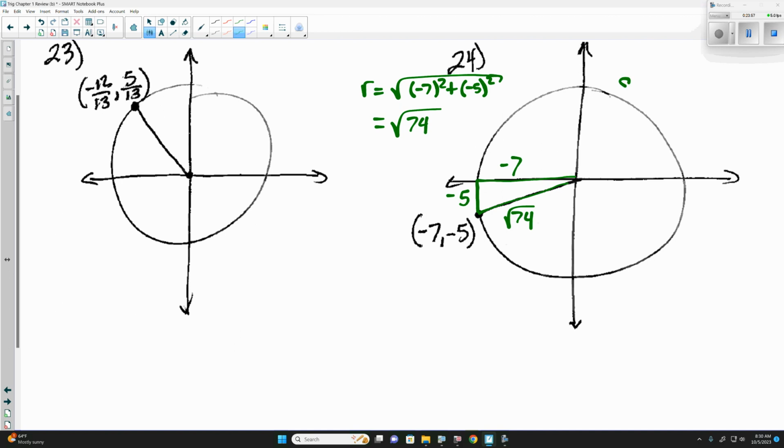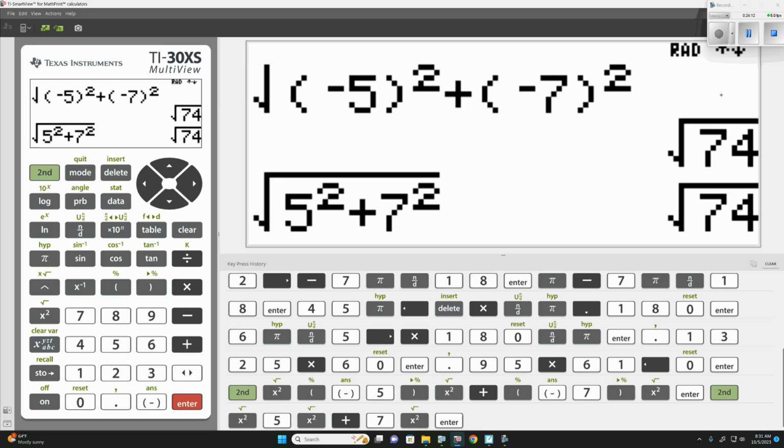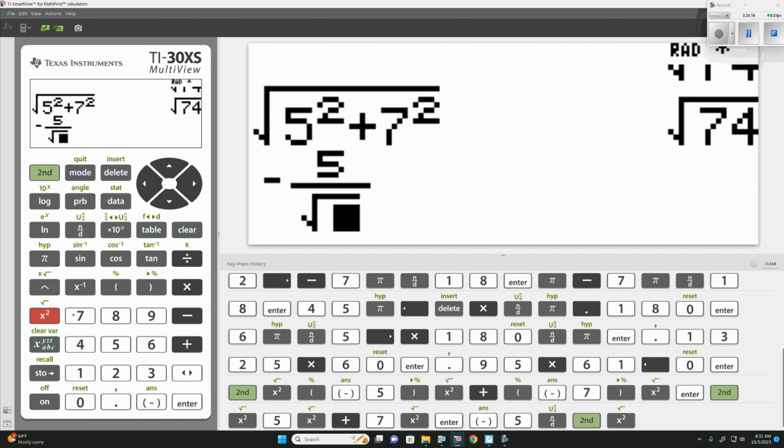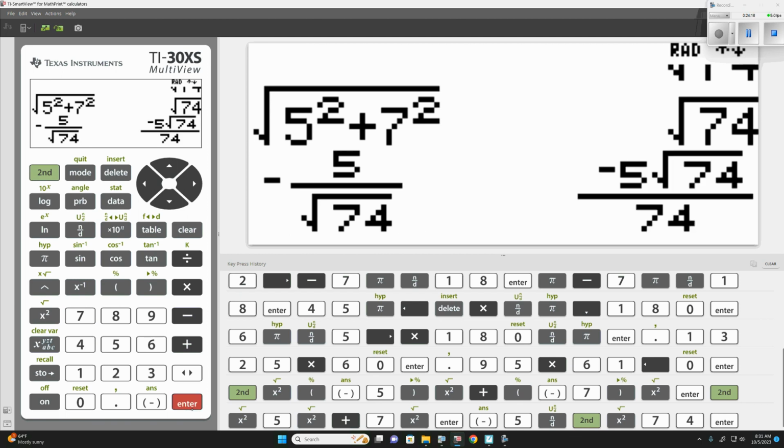Now sine of this angle would be the opposite side over the square root of 74. We can't leave it this way. So in the calculator, we can say -5 over the square root of 74. Let it do it for us.